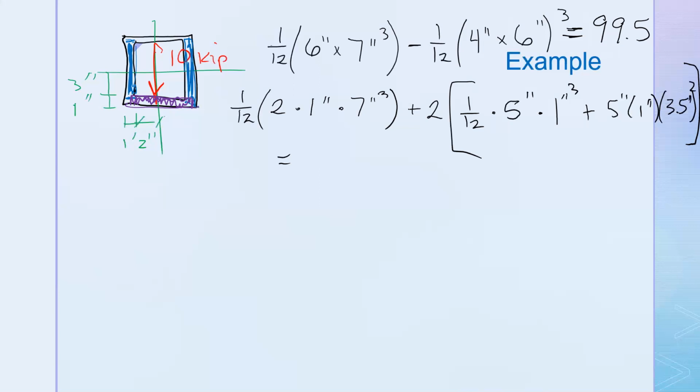What's the second one? Where is Q supposed to be on the top one?